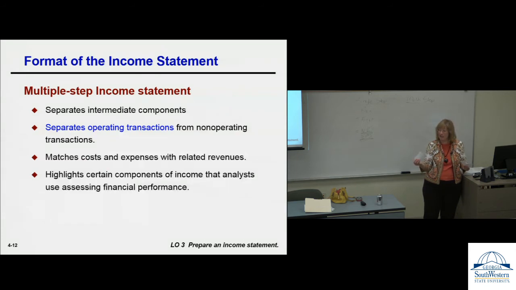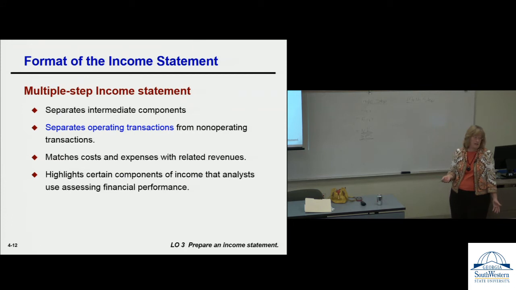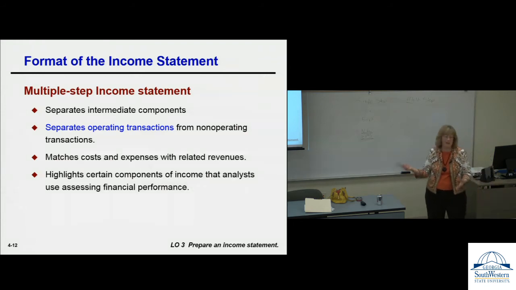Now, one thing we have not talked about to date, and that's in this problem, is we've kind of ignored taxes to this point, haven't we? How do you calculate taxes? You get a net income number, and you apply some kind of tax rate, and you come up with the tax number, right?